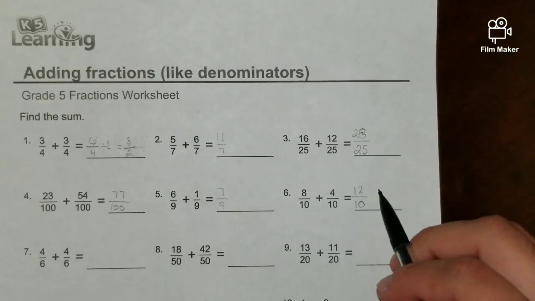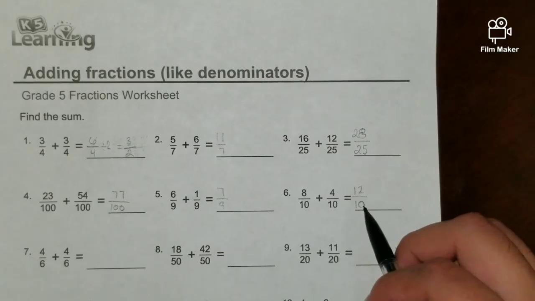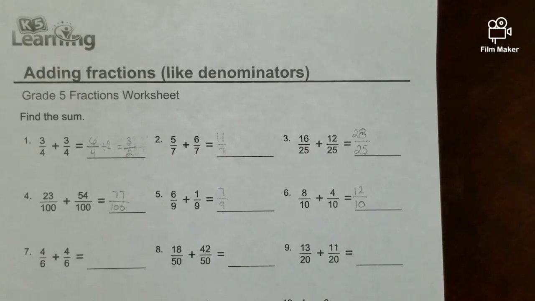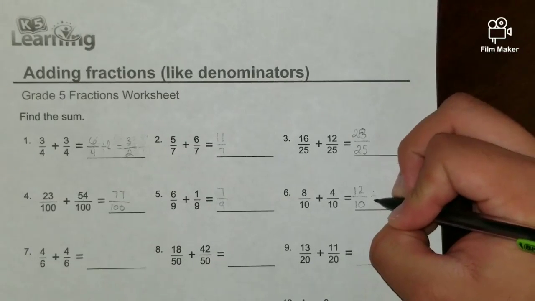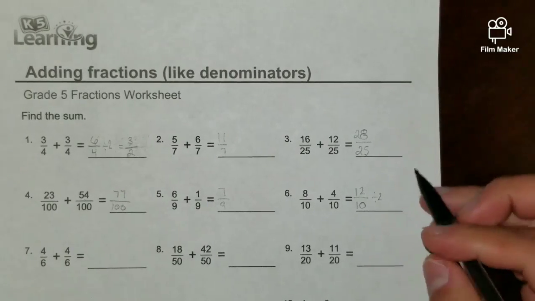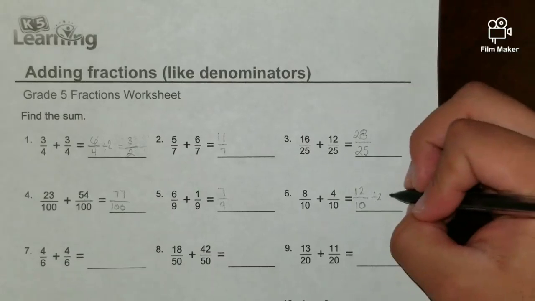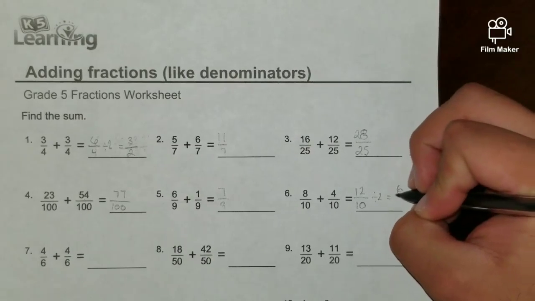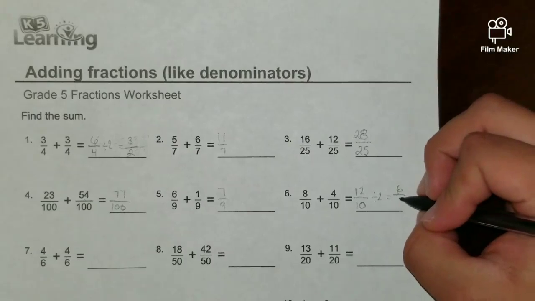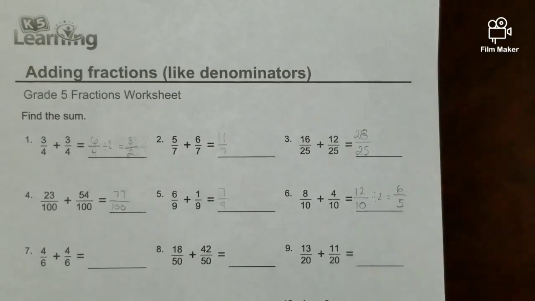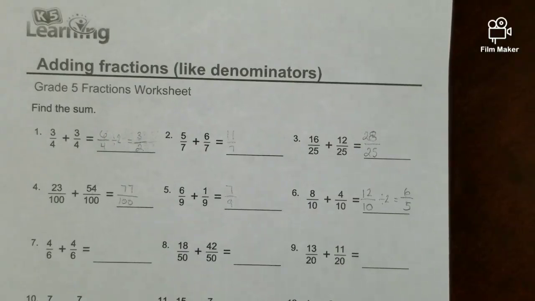So we find a common factor of 12 and 10. The easiest common factor for these two numbers would be 2, and we divide by it. So 12 divided by 2 gives us 6, and 10 divided by 2 will give us 5. And that would be our final answer, 6 over 5.